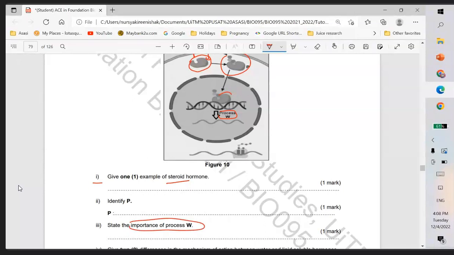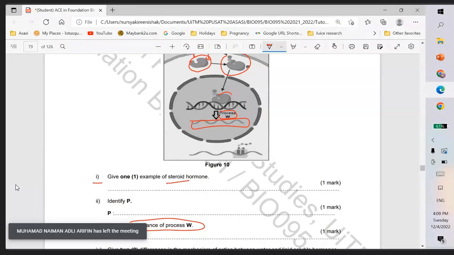What is the importance of transcription? Obviously to apa? Untuk menghasilkan ni. What is this? Memastikan apa namanya? mRNA. mRNA.